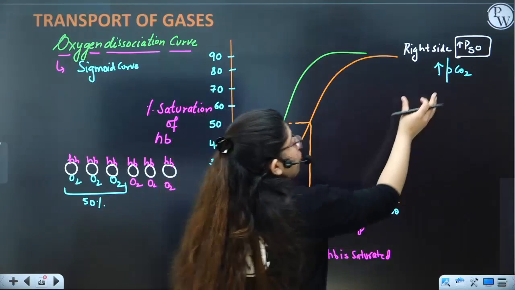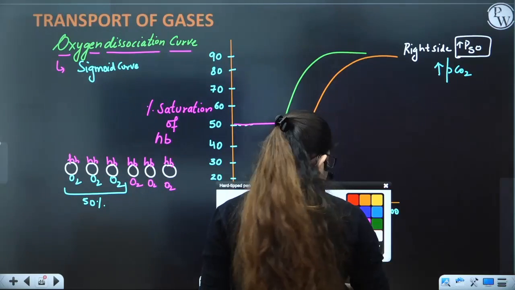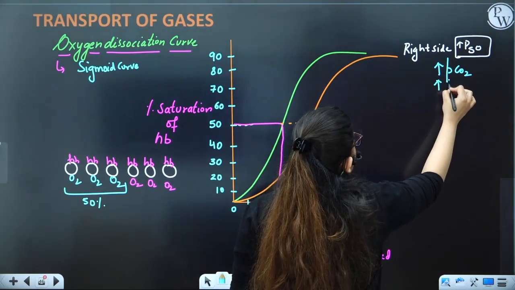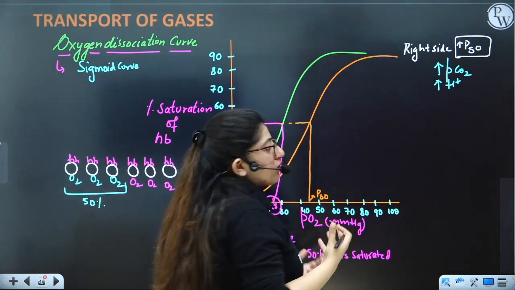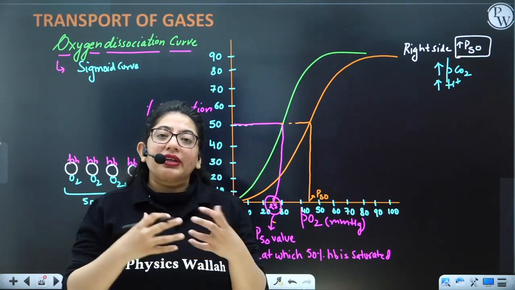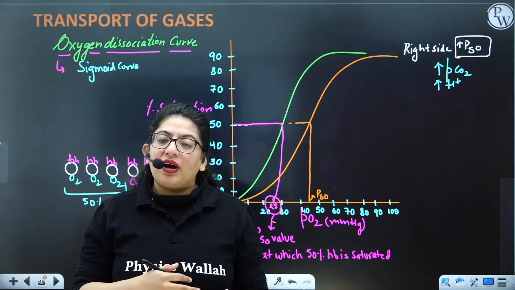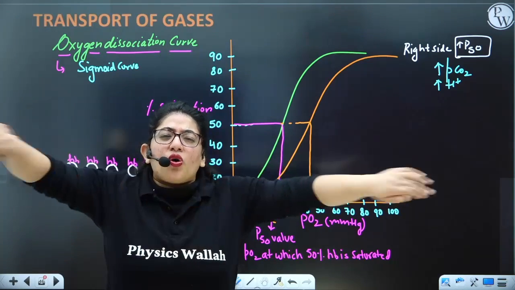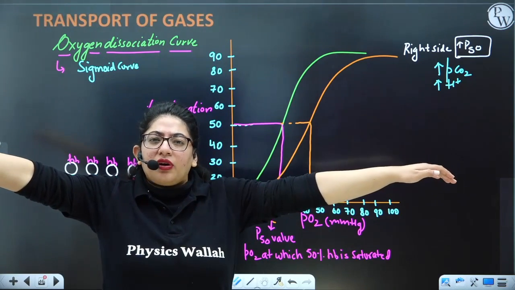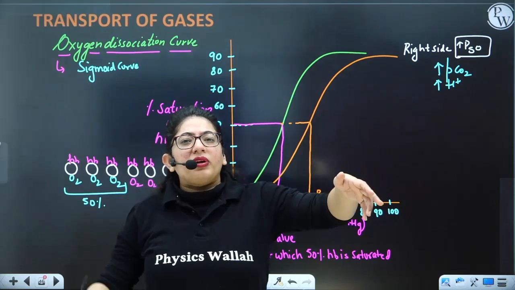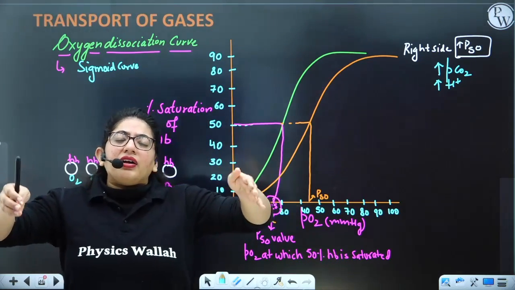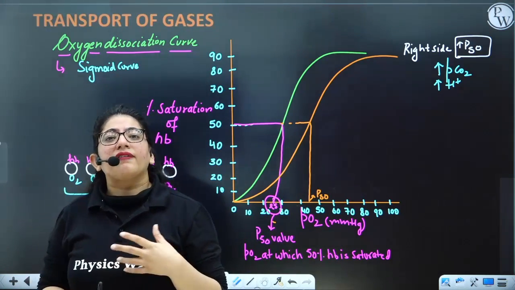So when there is more PCO2 or more H positive ion, you need to have more oxygen, because all that PCO2 and H positive ion are doing is trying to destroy the relationship of hemoglobin and oxygen. Imagine hemoglobin and oxygen are two lovers, and CO2 and H positive ion are the villains.